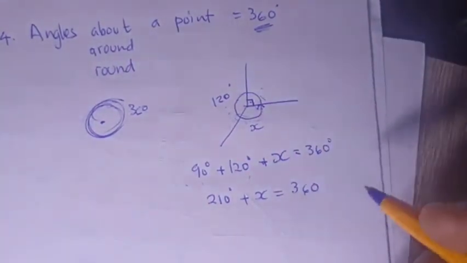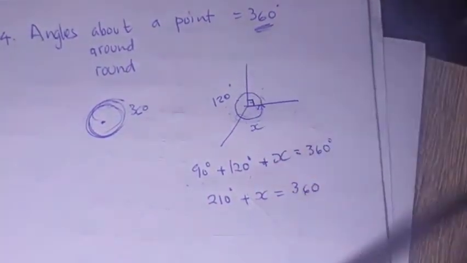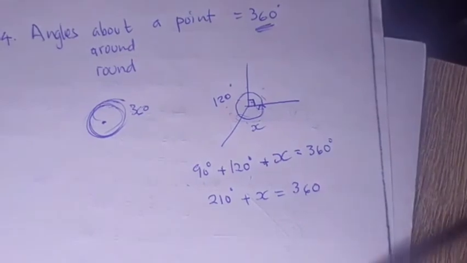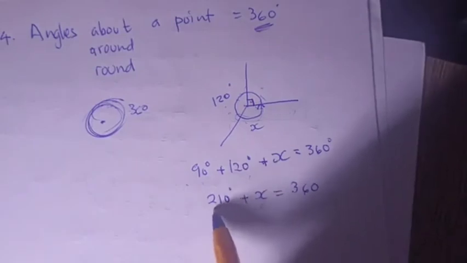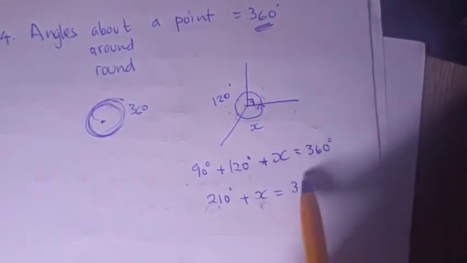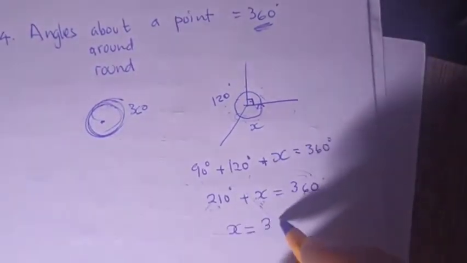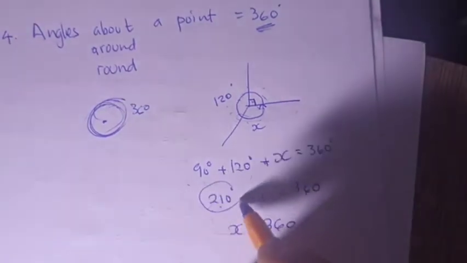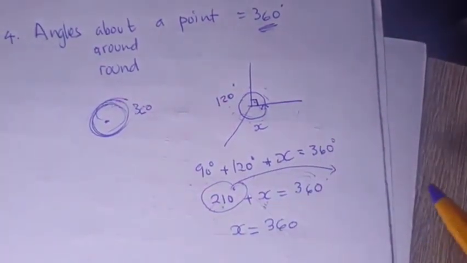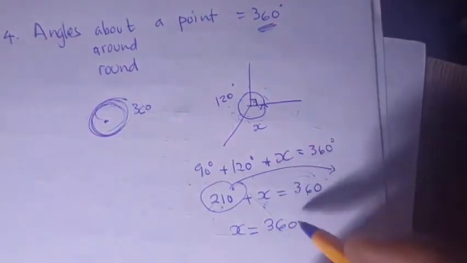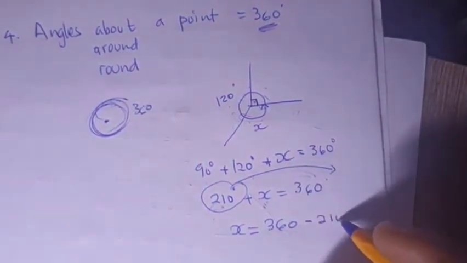We're looking for the value of this angle. It looks like it's going to be an obtuse angle, but I just drew it, so this drawing is not according to scale. Let's find the actual value of the angle. What are you going to do? Take this one to the other side. So it's going to be x equals 360. Remember, when you're transposing a value across an equal sign, it changes sign.